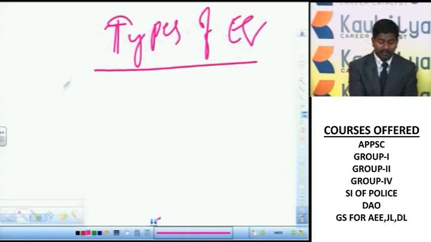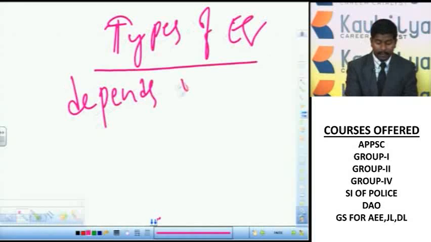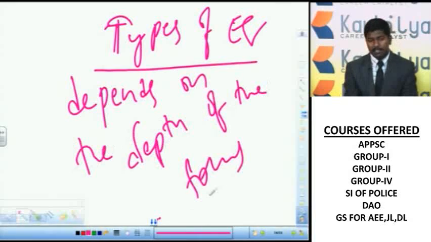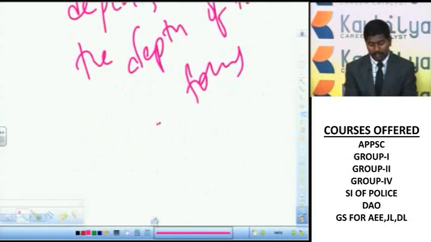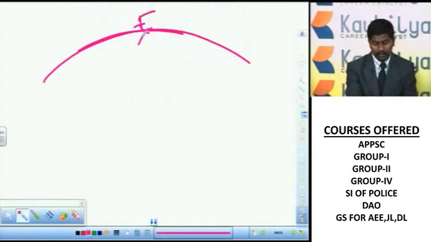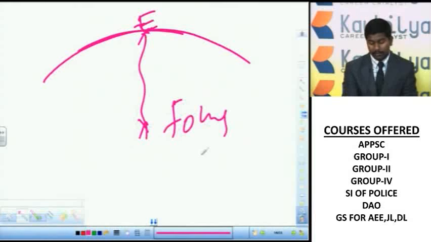So it is the epicenter on the surface here, and the focus is somewhere here. Depending on the depth of the focus, earthquakes are of three types.